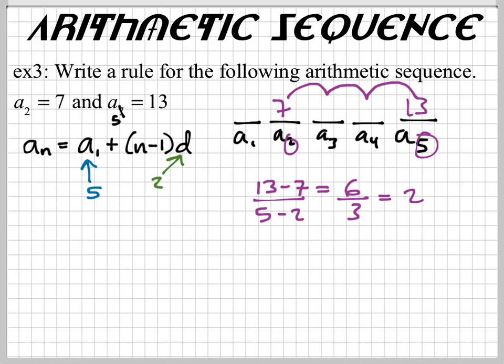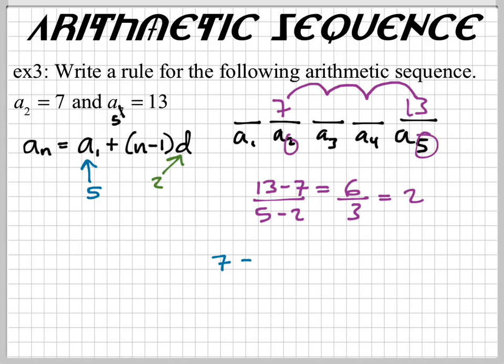You would take the general form and start plugging stuff in. Because if we only have one variable, then we could find it. But right now we have 1, 2, 3, 4 variables. Now we know what the d is. We just need to know what the n and the a sub n are so that we can find the first term, the a sub 1. So we pick an a sub n. 7 or 13. Which one do you guys want to do? 7? Yeah, 7's smaller. He's cuter. Let's pick him.